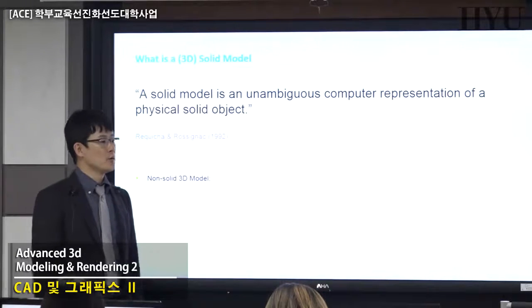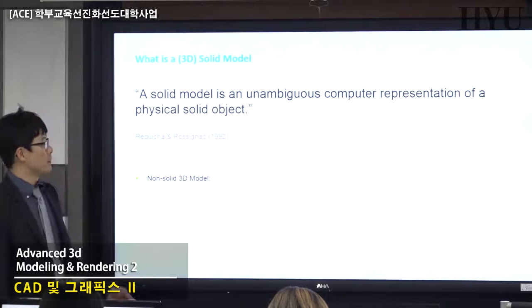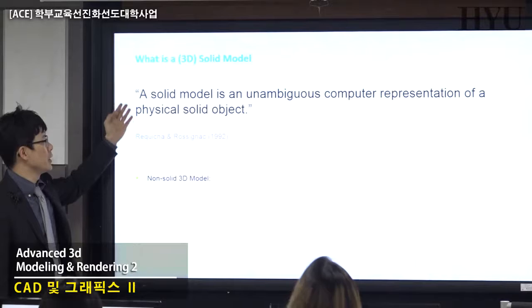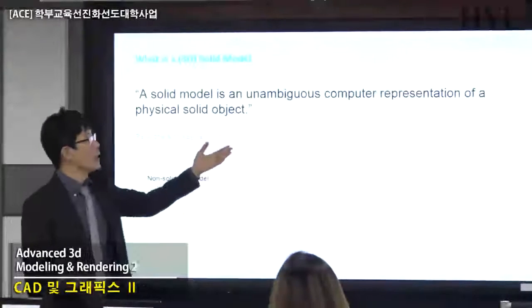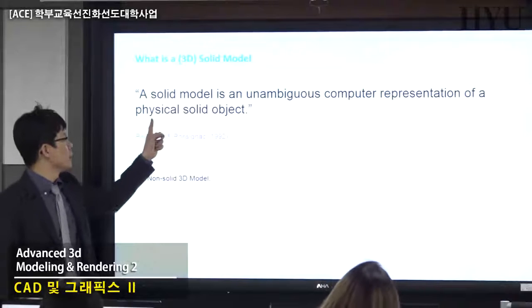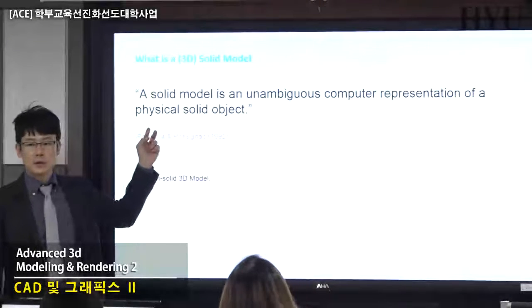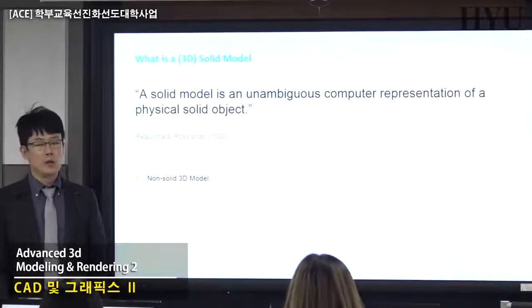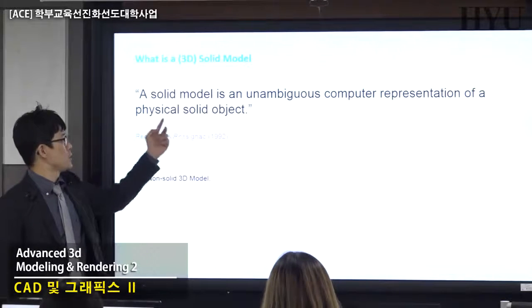In terms of mathematical definition, theoretically, Requicha defined it simply in this way: a solid model is an unambiguous computer representation of a physical solid object. We are dealing with a physical solid object, okay? Anything you have experienced in the real world is a physical solid object.